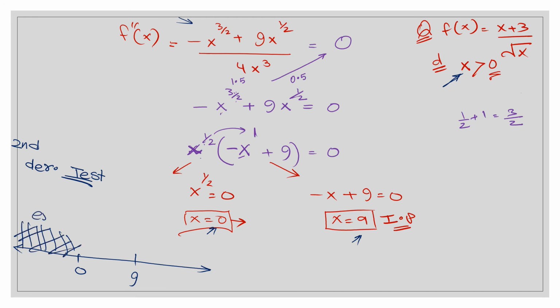Even at 0 you will get the error, so no need to waste your time. Just take a number from 0 to 9, and then from 9 till positive infinity. Put one by one in the second derivative of the function and choose the sign, write it on the number line.